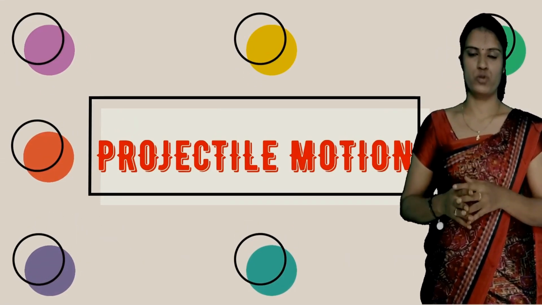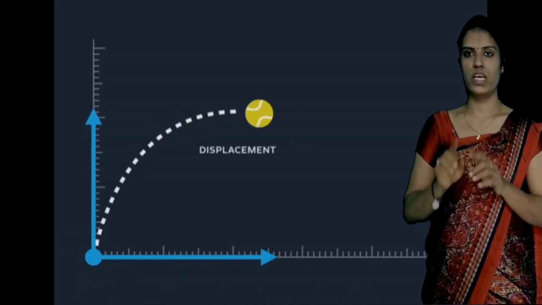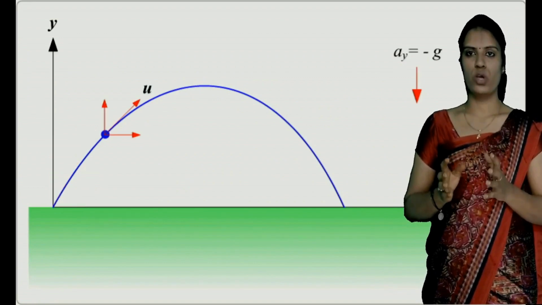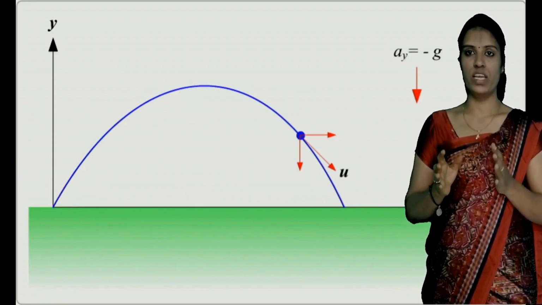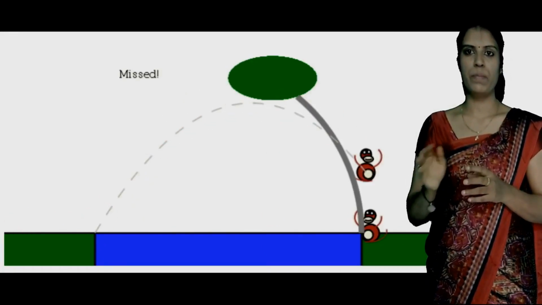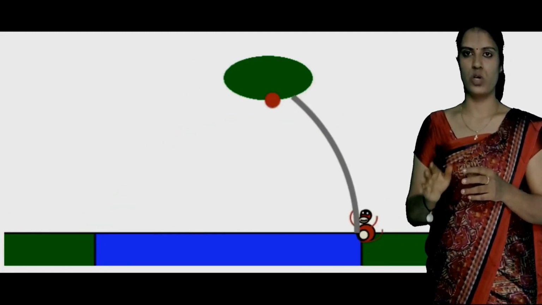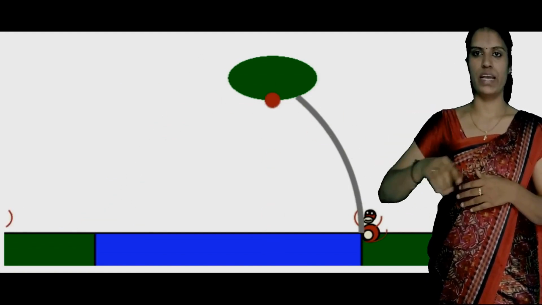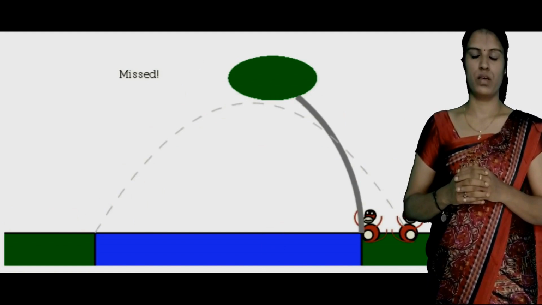Class, we are going to learn about the topic projectile motion. In simple terms, it is the movement of an object in a two-dimensional plane which has an initial angle with the x-axis. That means the object is projected with the horizontal at an angle theta.